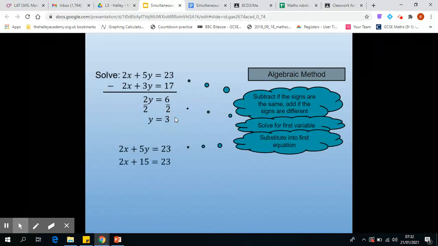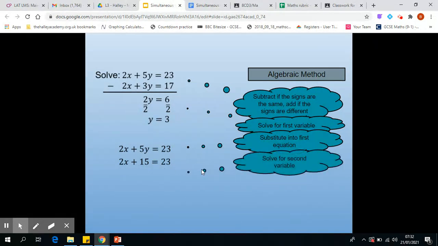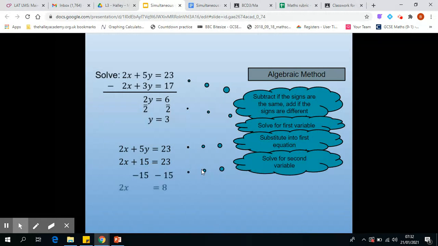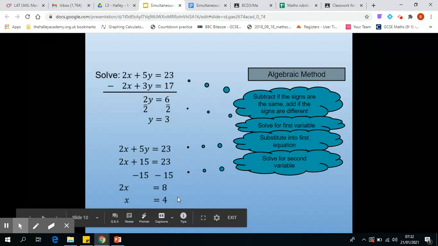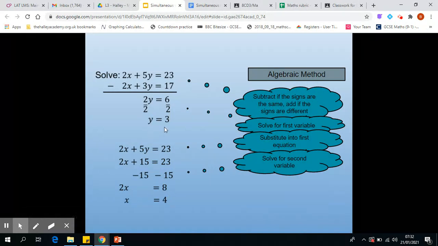Substituting the value of y in the first equation, 5 times 3 gives us 15. You can rearrange this to find the value of x. Hence the value of x is 4 and the value of y is 3.